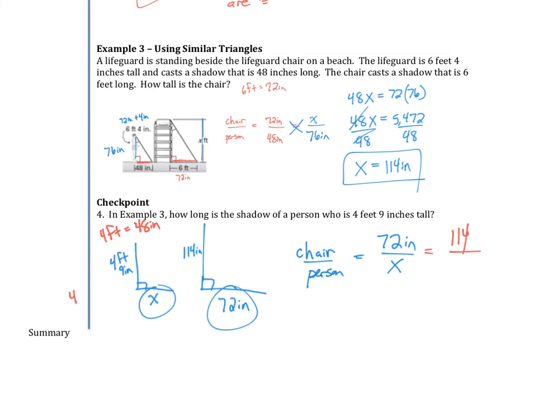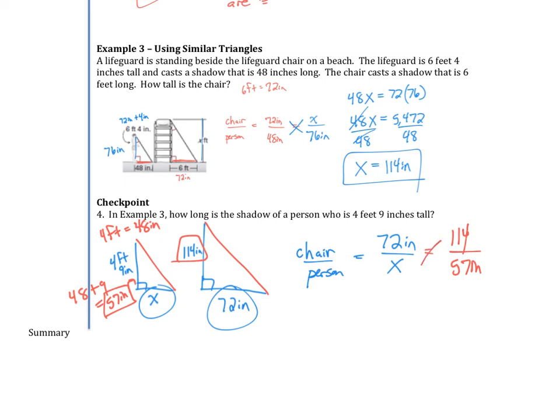So 48 plus 9 is 57 inches. So the person is 57 inches. So the 57 inches goes with the 114. So again, we're setting up a proportion for these two triangles, because similar triangles have sides that are proportional.